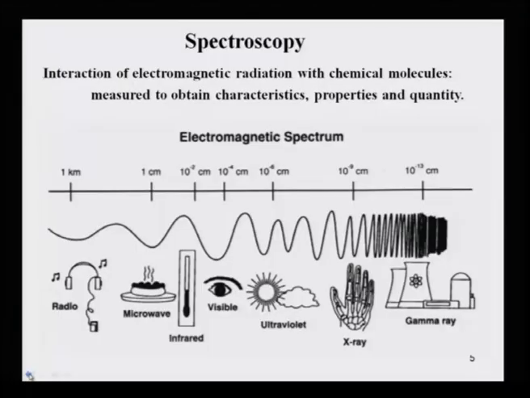Now, this is a very interesting slide where I want to draw your attention to how the interaction of electromagnetic radiation affects our day-to-day life and the molecules that we deal with. It is measured by the characteristics, properties and quantity. Radio waves are responsible for FM, and also for NMR.